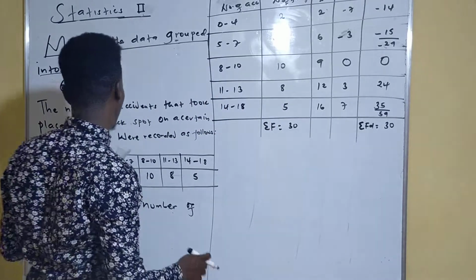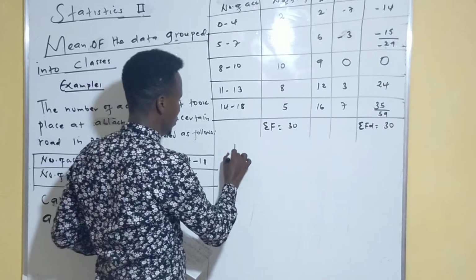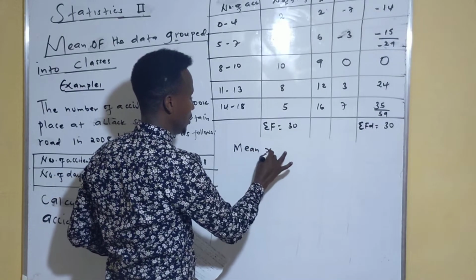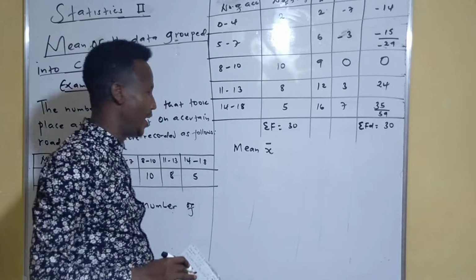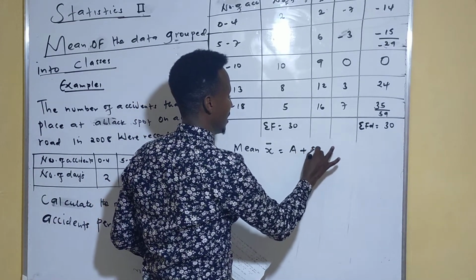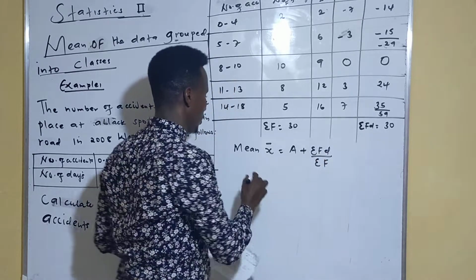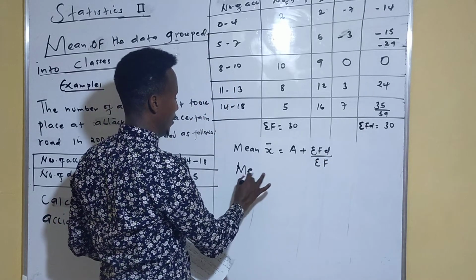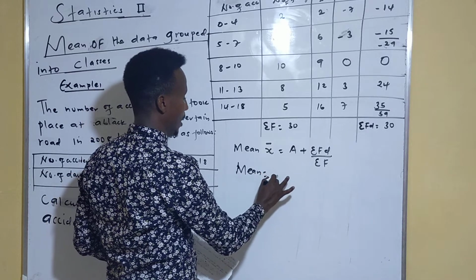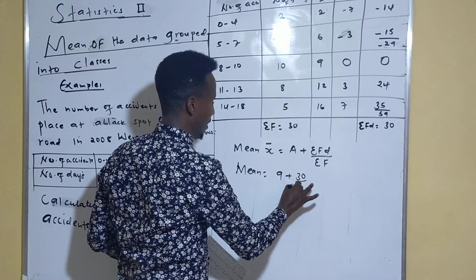Remember we said that in such a situation, the mean, which is written as x bar, is equal to the assumed mean plus sum of FD divided by sum of F. In this situation, our assumed mean was 9 plus 30 divided by 30.